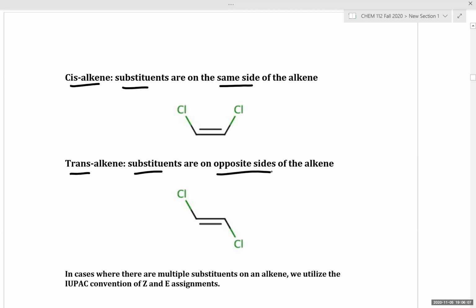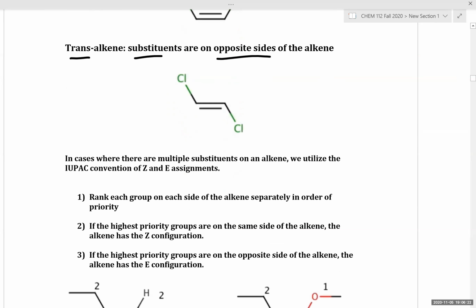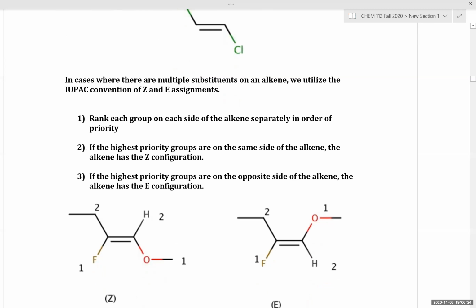Now, where this cis and trans naming convention falls apart is when you start to deal with alkenes with multiple substituents. When you say cis or trans, it's ambiguous what substituents you're referring to. So, as we've learned previously, we utilize the IUPAC convention of Z and E alkene assignments. As a review, we rank each group on each side of the alkene separately in order of priority.